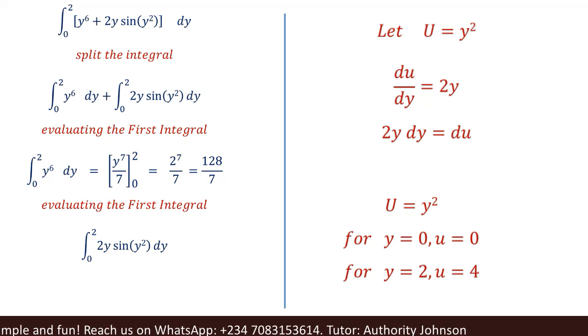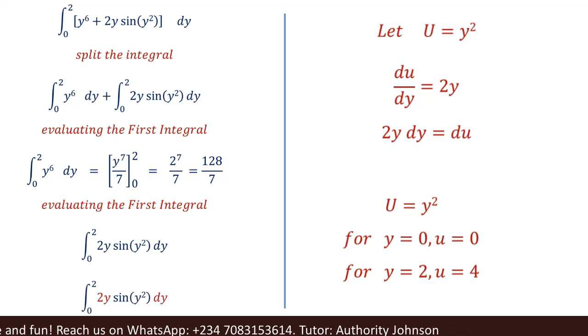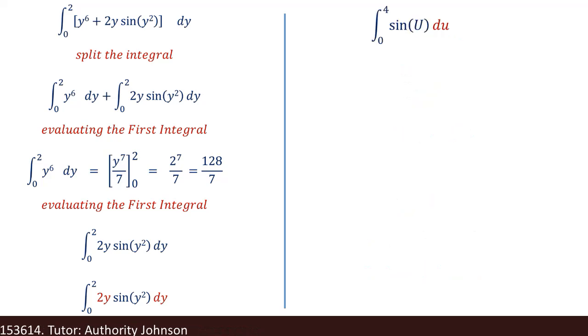So substituting now, in place of y squared, we are going to replace it with u, and in place of 2y dy, we are going to replace it with du. Then the boundary from 0 to 2 will now be from 0 to 4. Are we together? Yes, now let's go. That means we are going to have the integral from 0 to 4 of sine u du.